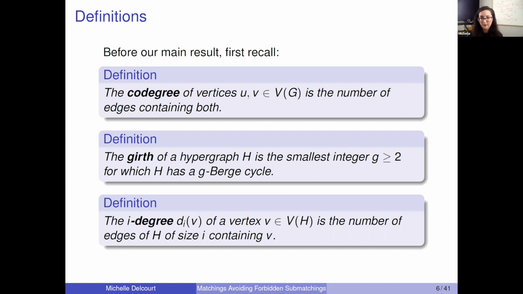You fix a pair of vertices and think about the number of edges that contain both. In the context of hypergraphs, girth is the smallest integer for which we have a Berge cycle. I'm going to denote the i-degree by d_i(v). This simply means the number of edges of size exactly i that contain our vertex v.